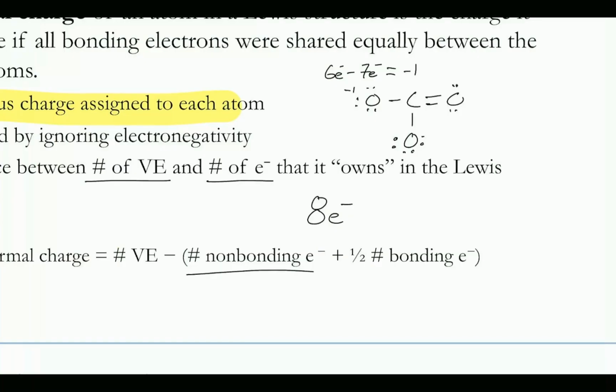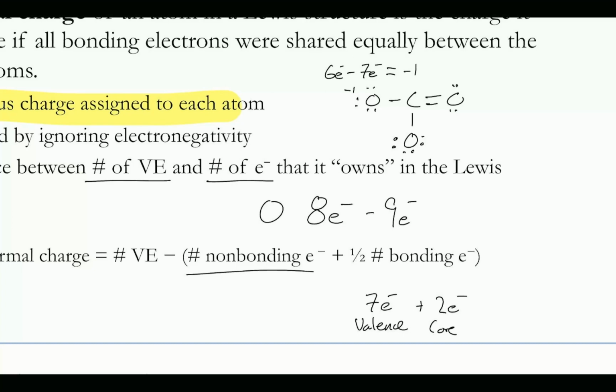In this structure, it has 7 valence electrons plus 2 core electrons, that would be a total of 9 electrons.